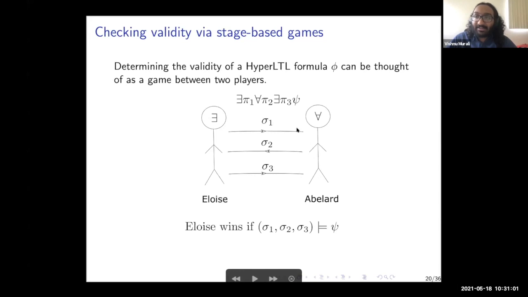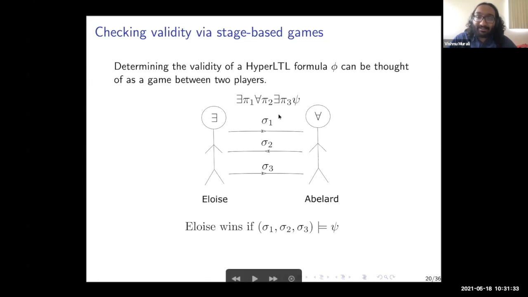For convenience, let us consider the hyper-LTL specification that there exists pi1 such that for every pi2 there exists a pi3 such that C holds. The game starts with Eloise selecting a trace sigma 1 as the value of the variable pi1, Abelard then selects a trace sigma 2 as the value of the trace variable pi2, and lastly Eloise selects a trace sigma 3 as the value of the trace variable pi3, and the game ends.